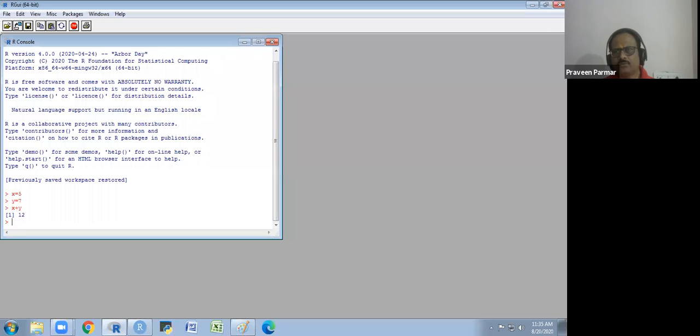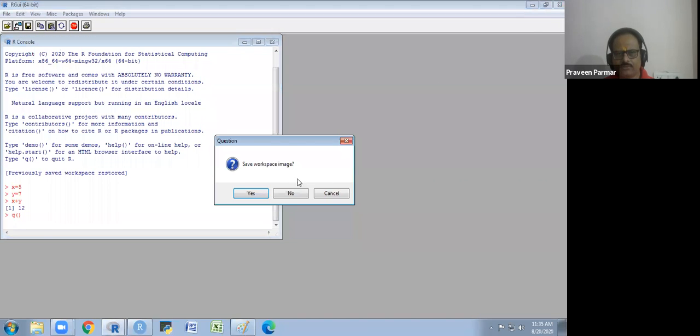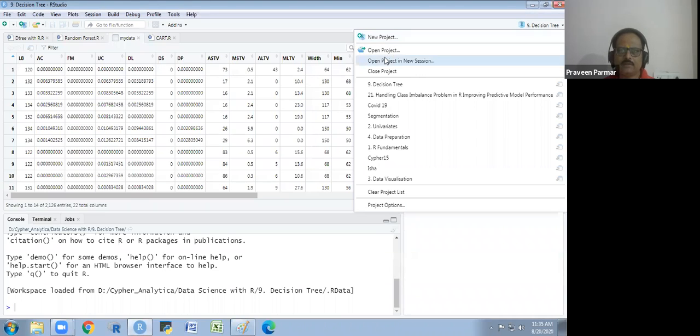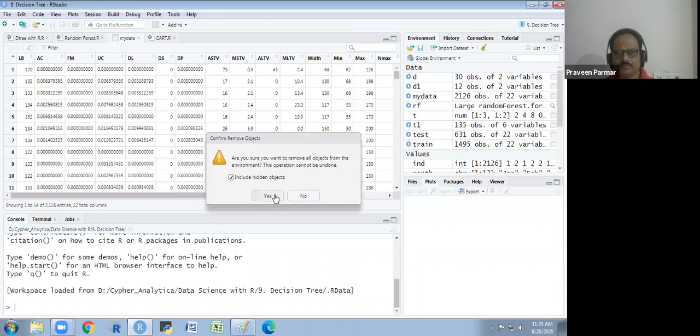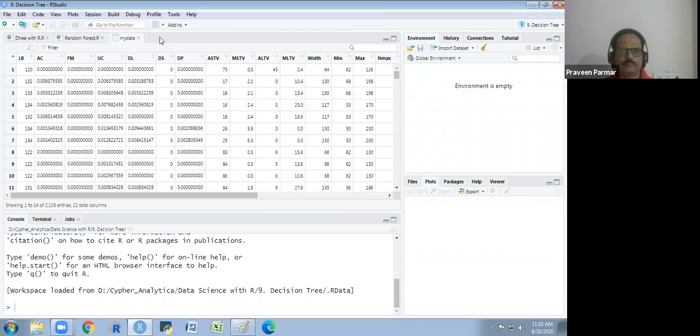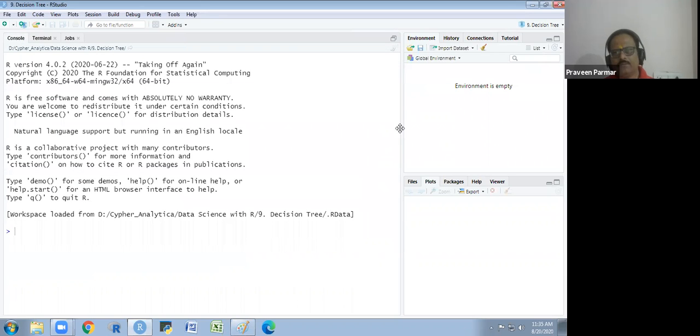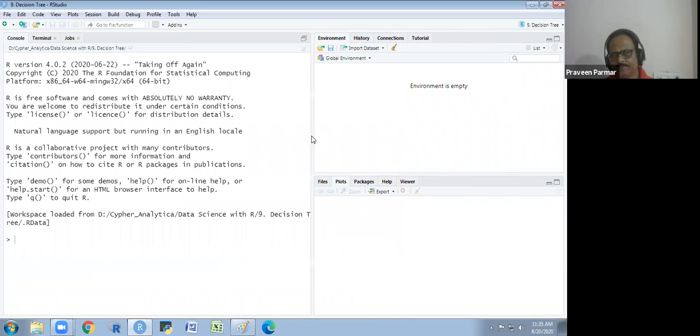I turn off this GUI. Whenever you open RStudio for the first time, you will get three windows, 1, 2, and 3.